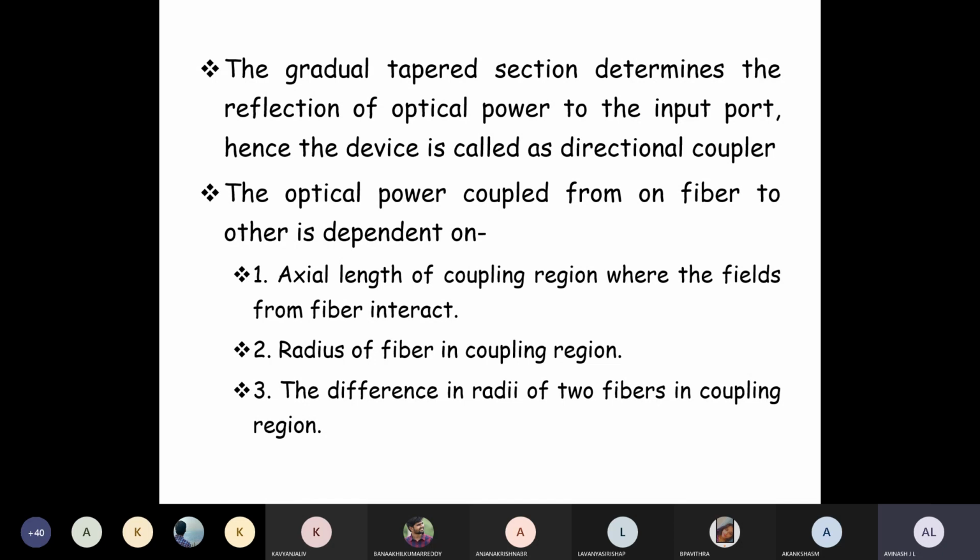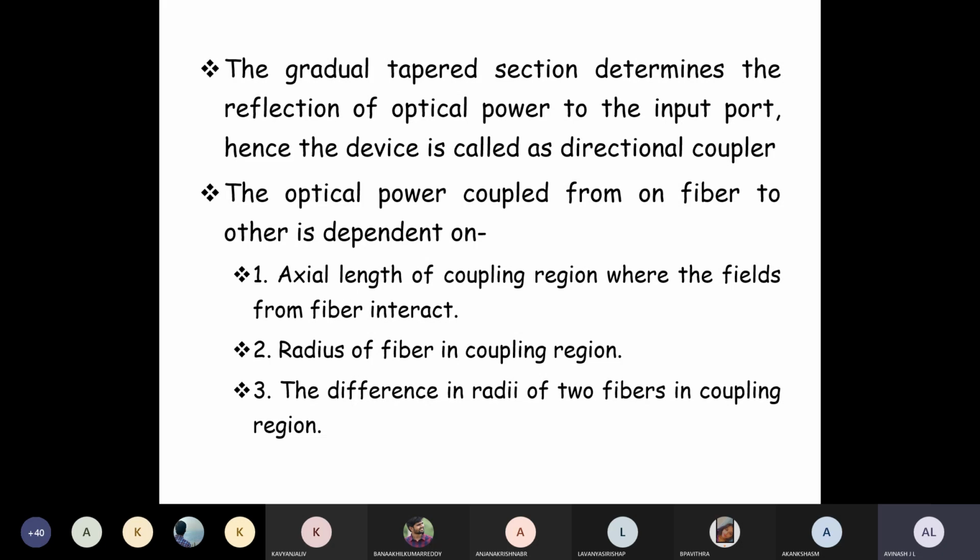The gradual tapered section of length L determines the reflection, which is very minimum. The tapered section avoids the reflection. Since it is avoiding the reflection, not only a coupler, this device can also be called a directional coupler.